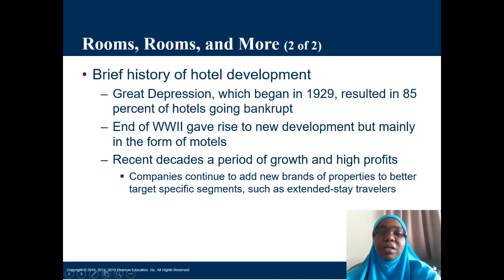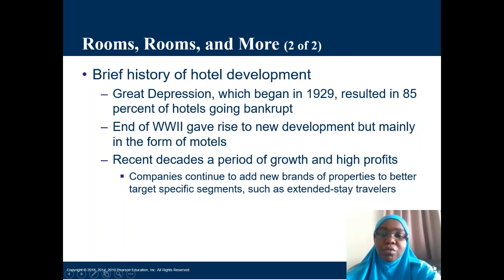The end of World War II gave rise to new developments, mainly in the form of motels. All these are terminologies related to accommodation. Recent decades have been a period of growth and high profits.